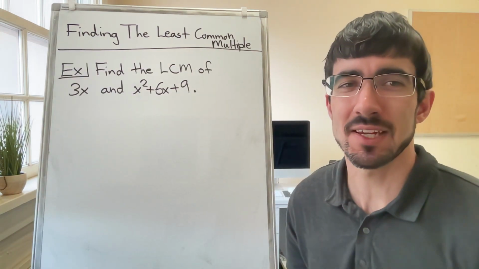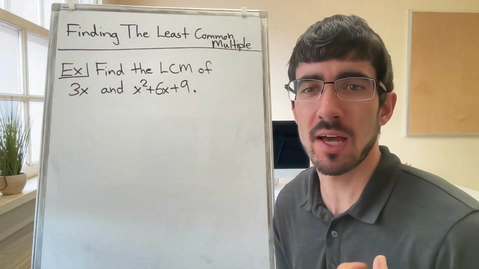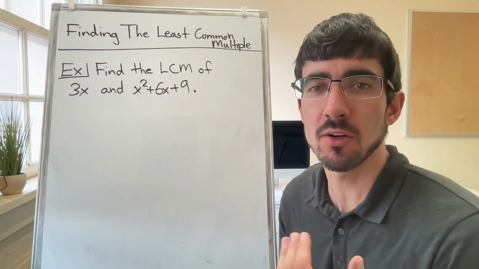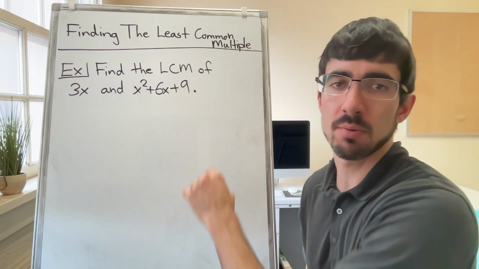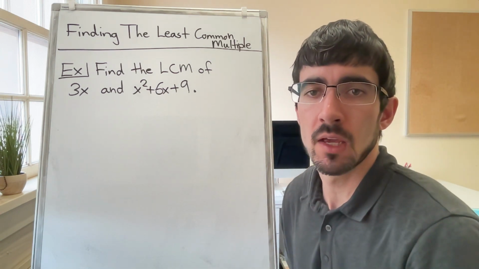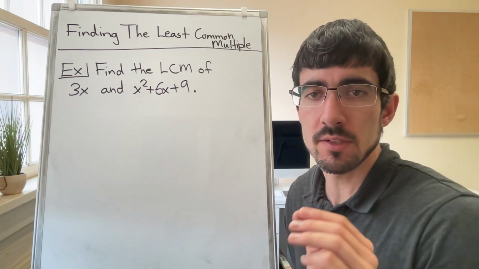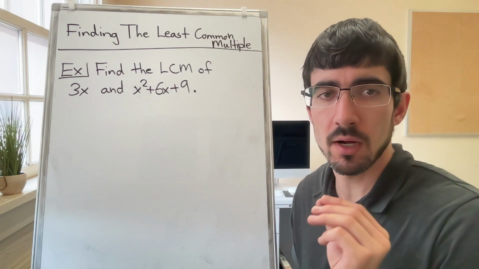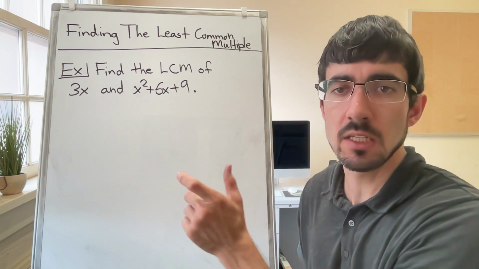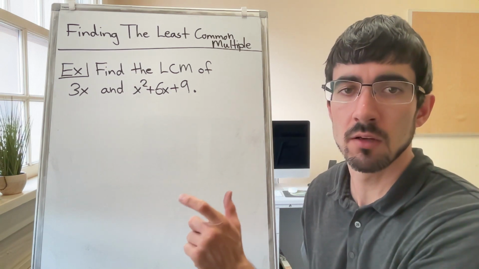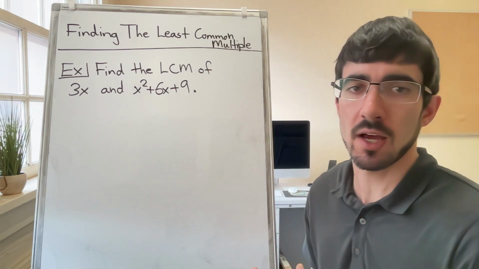Let's look at one more example of finding an LCM so that we practice how this works with polynomial expressions. I want to find the LCM of 3x and x squared plus 6x plus 9. Remember that one way to find the LCM is to multiply all the prime factors that appear in any of these terms. So we need to factor the terms first, then we can compare factors.